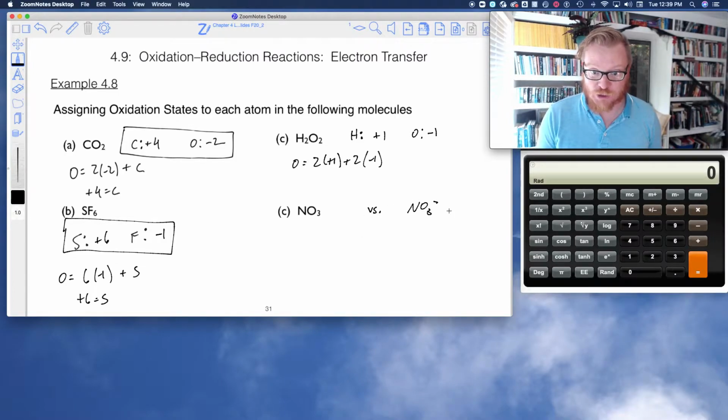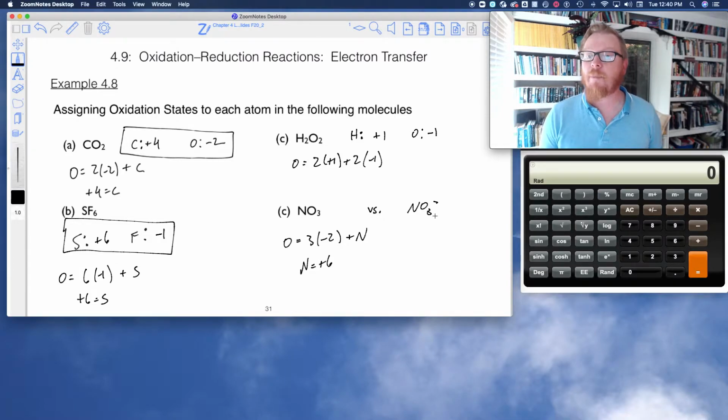Just that little minus charge makes these 2 molecules very different. So let's first do the NO3 neutral. We know it doesn't have a charge, so all the oxidation states have to add up to 0. This is not a peroxide, so each of those 3 oxygens is -2. So that means in NO3, the nitrogen has to be, you guessed it, +6.